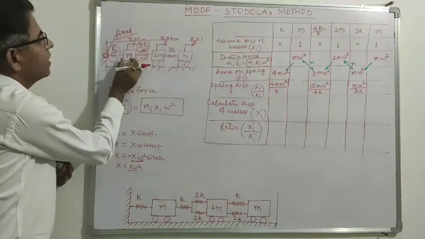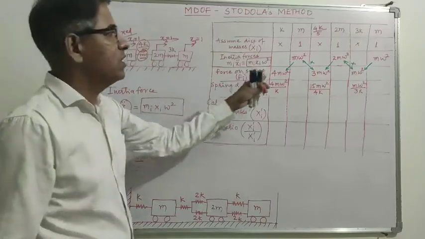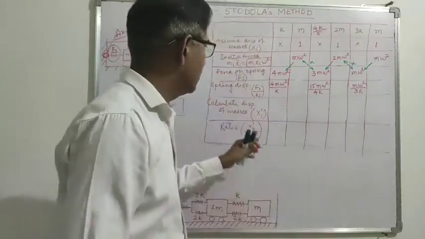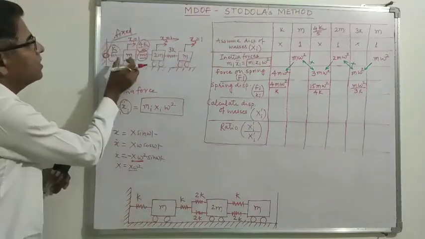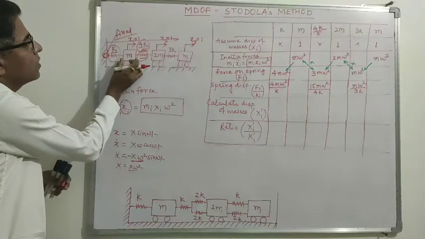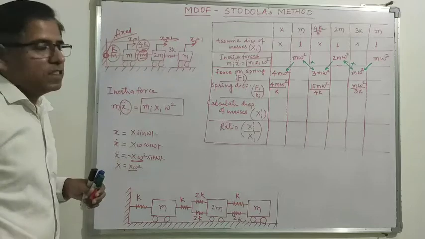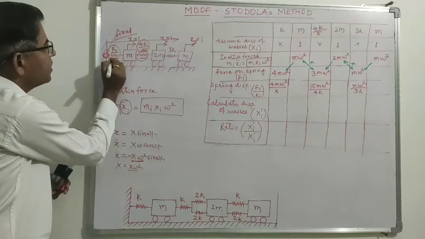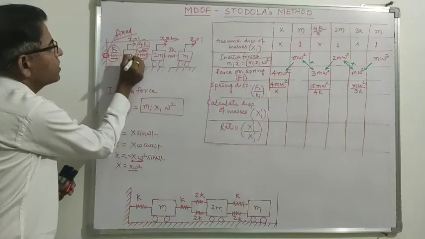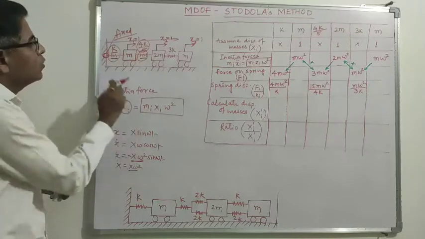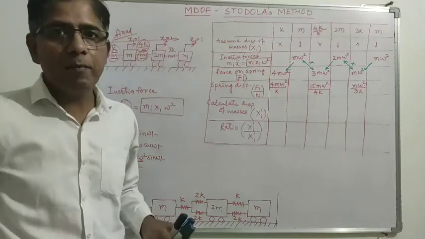Now again we need to find out the displacement of masses. Because of these forces, how much are these masses being displaced? This mass will displace equal to how much the spring is displacing. The amount by which this spring is displacing, the same amount of displacement will happen in this mass. So displacement of this spring and displacement of this mass will be the same.